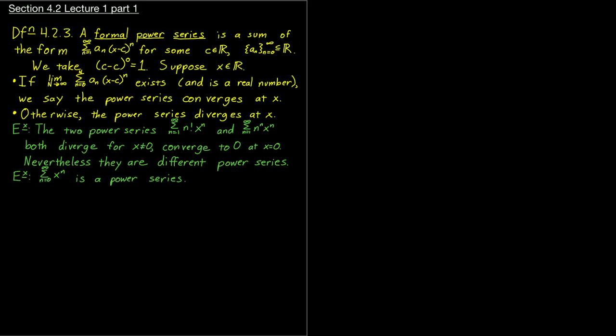And from section 1.4, and then by proposition 1.4.4, the series converges if the absolute value of x is less than 1 and it diverges if the absolute value of x is greater than or equal to 1.